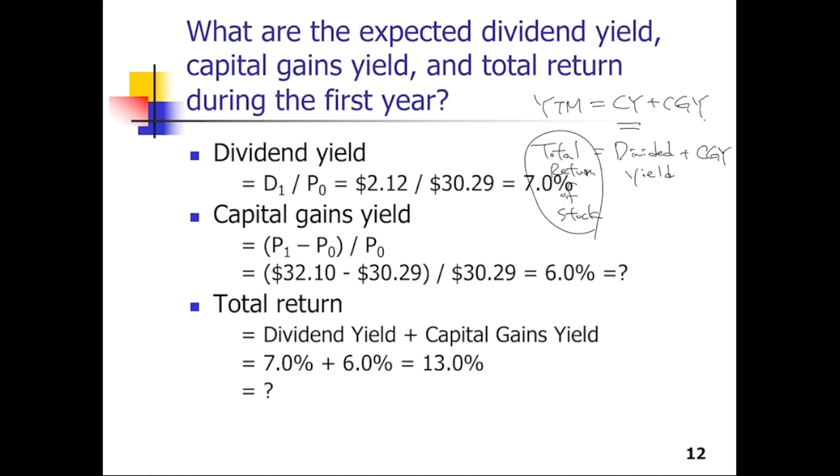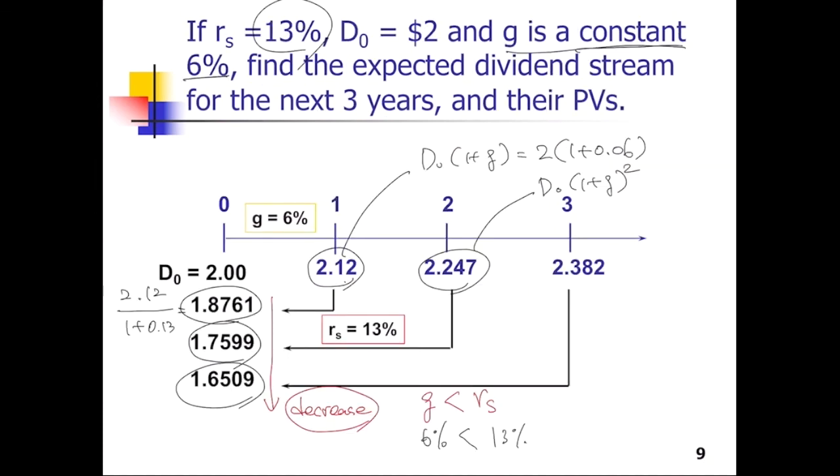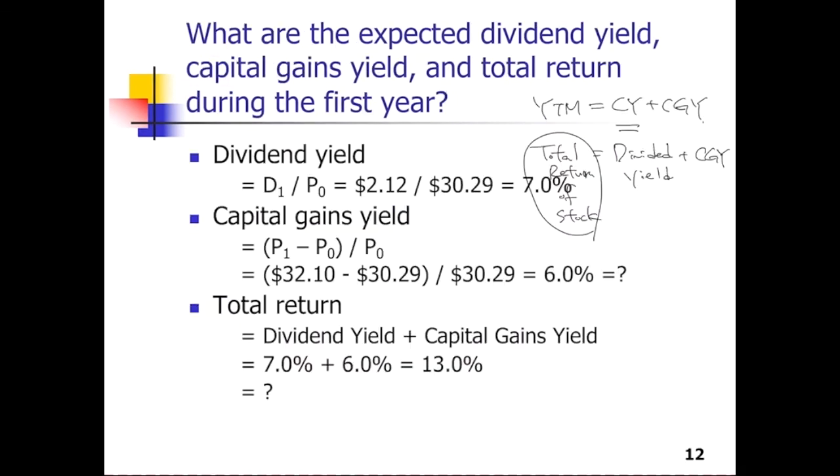And one interesting thing is the 6%. Do you remember what is 6%? Here, G is constant 6%. Yeah, the capital gain yield should be the same as the growth rate of dividend. So we can say this question mark is G. Why?